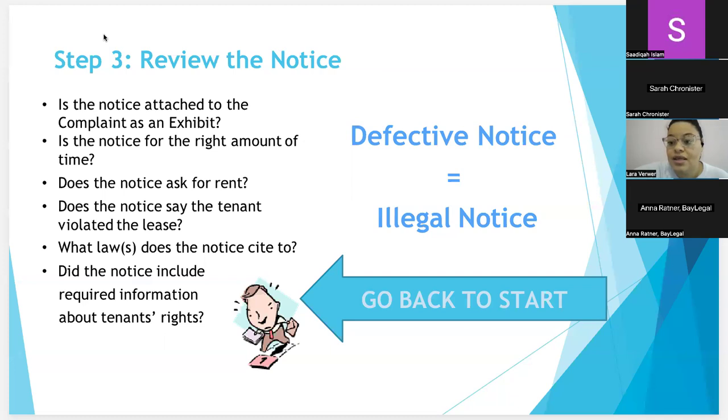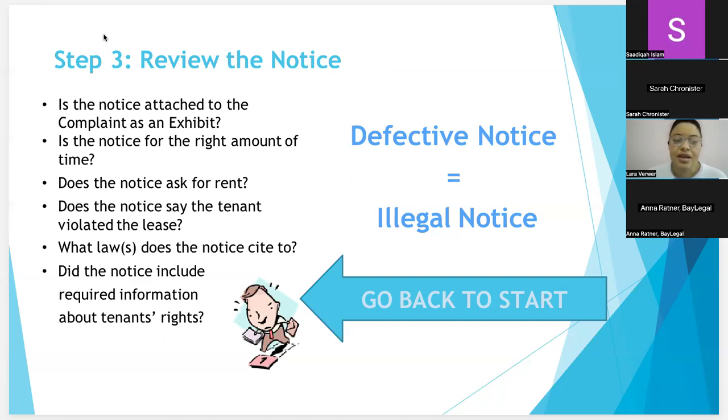Again, because this is such a short and quick process in comparison to general civil lawsuits, landlords do have to strictly comply with all statutory requirements, and that includes notice requirements. And if a landlord doesn't comply with all those notice requirements, and there's often notice defects that you can find, rules have become a little bit more complicated.